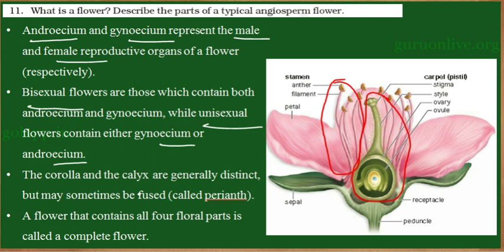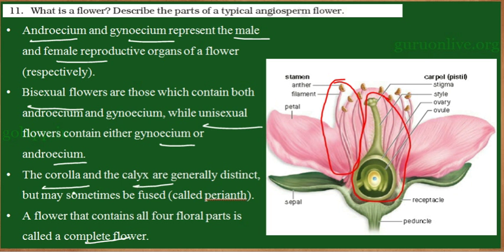Apart from this, regarding the accessory structures like corolla and calyx, if all 4 whorls are present, corolla, calyx, androecium and gynoecium, we call it a complete flower. If any one of these is absent, it is an incomplete flower. In some plants, corolla and calyx are present separately and we can distinguish them.